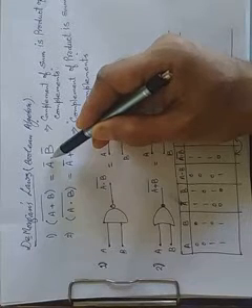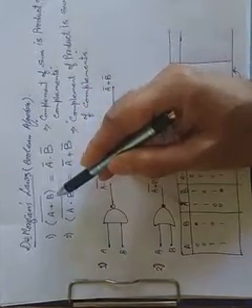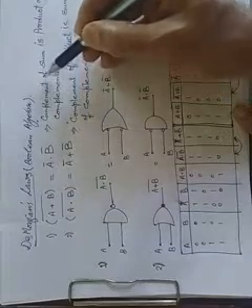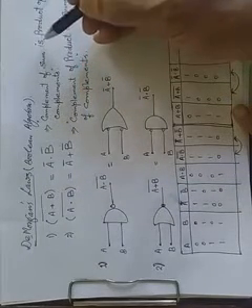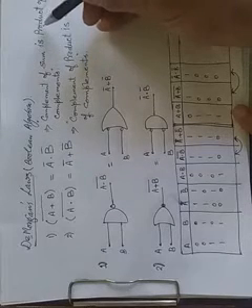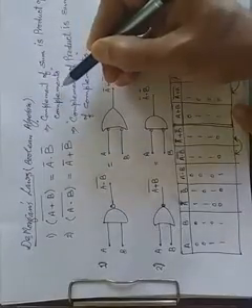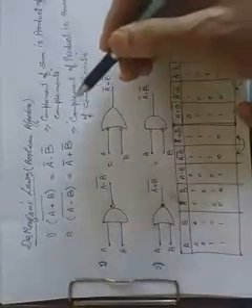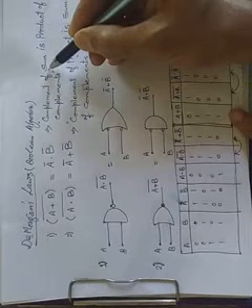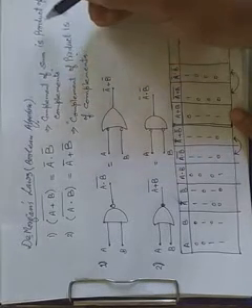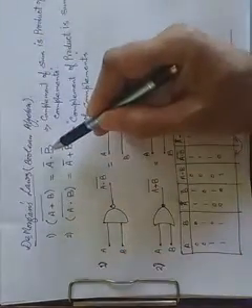So in other terms, we can state this Boolean law as the complement of an OR operation is the AND operation of the complements of the variables. So sum can be termed as the OR gate operation and product as the AND gate operation. So this is the first case.